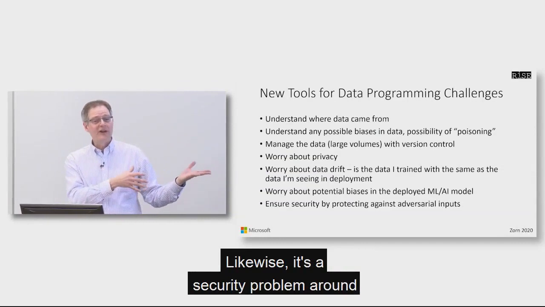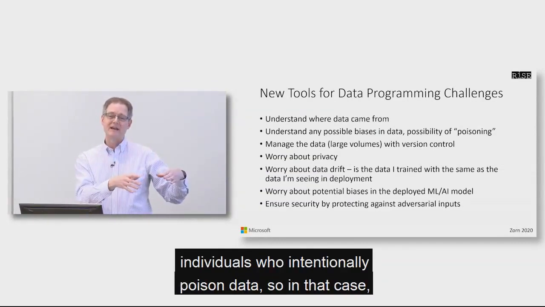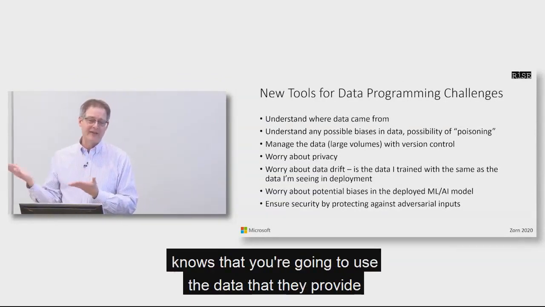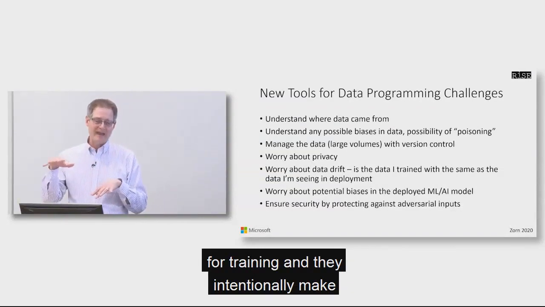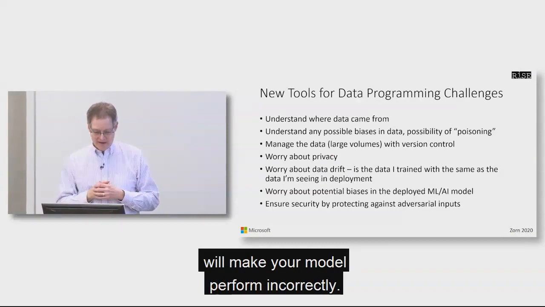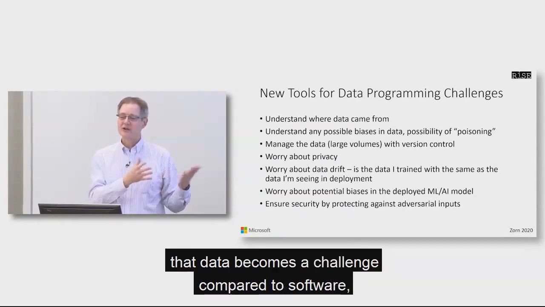Likewise, there's a security problem around individuals who intentionally poison data. In that case, somebody knows that you're going to use the data they provide for training, and they intentionally make it bad in some way so that your model stops performing correctly.